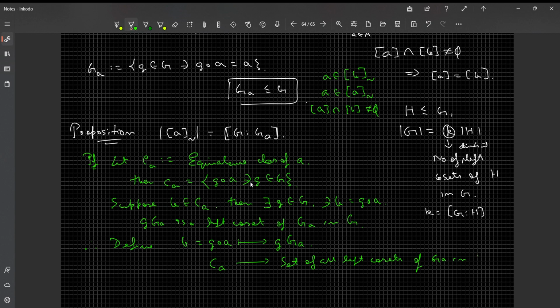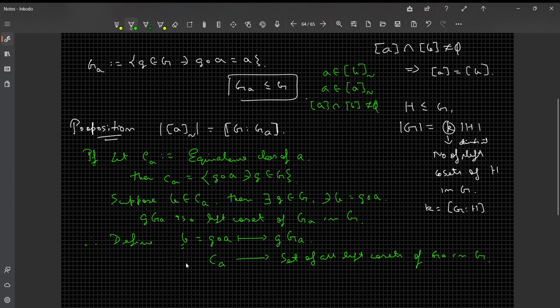Now this map is surjective by definition, because for every left coset small g GA, you can consider the element gA, and if we represent that element as B, then B is surely from CA, right? So it's obviously surjective.